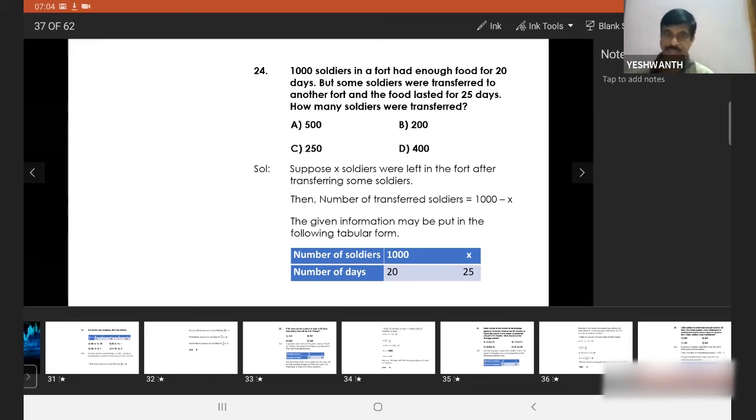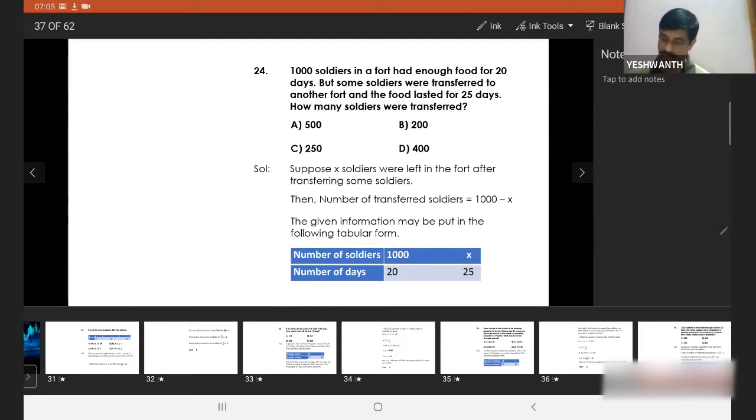If I say X soldiers were transferred, then they should change. So here we have taken in a different way. As per this solution I have shown here, we said that X soldiers are left. So if it is for 1,000 soldiers, it is lasting for 20 days, and for X soldiers, it will last for 25 days, as the leftover soldiers are X.